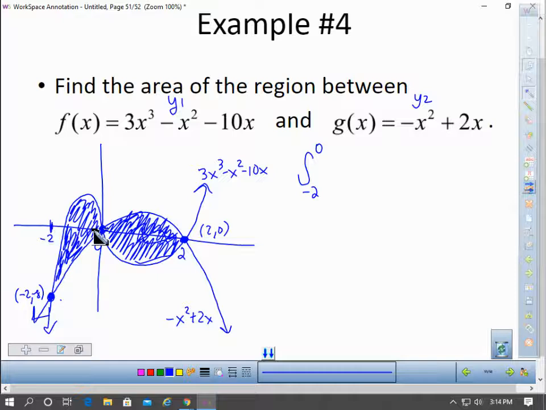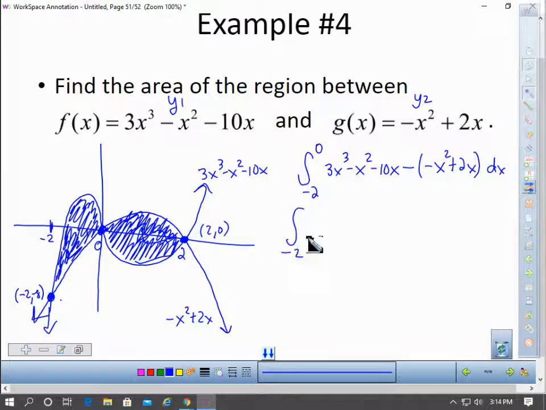So from -2 to 0, the top curve is the cubic function, so that's going to be 3x cubed minus x squared minus 10x. I'm going to take that function and subtract the bottom curve, which in this case is the parabola. So I'm going to subtract negative x squared plus 2x, and I have to make sure that I put that in parentheses because I'm subtracting that whole quantity.